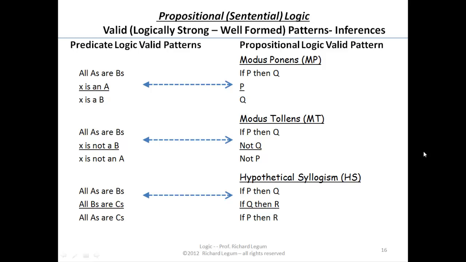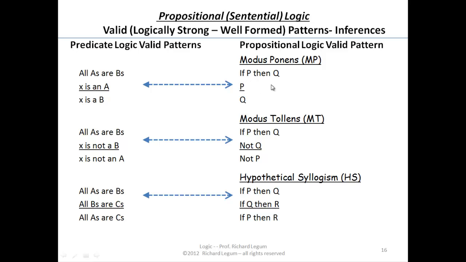Well, if we look at the first one, all A's are B's, X is an A, therefore X is a B, we're going to see that with regard to conditional propositions, hypothetical propositions, there's an analogous kind of inference, which is something called modus ponens. It's sometimes called affirming the antecedent, because the second premise affirms the P, which is the antecedent.